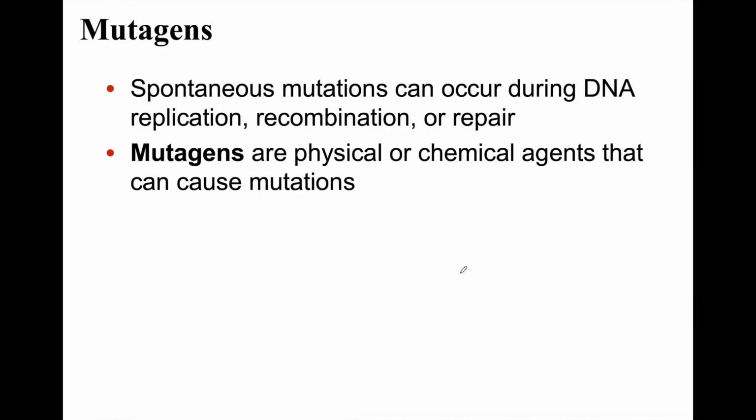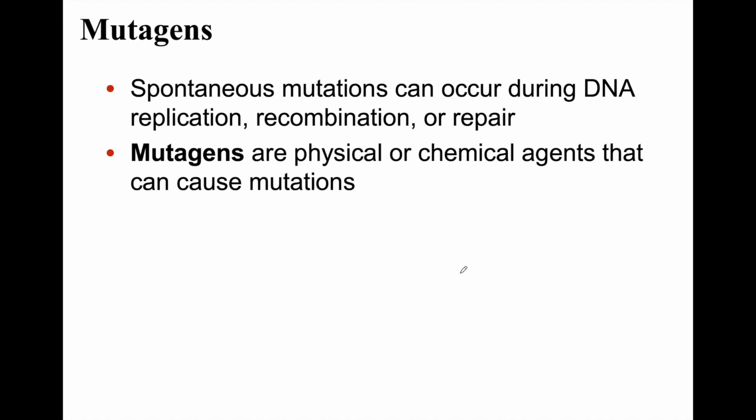So those are mutations. Well, how do we get mutations? Some mutations are spontaneous. They just happen all on their own. There's nothing you can do about it. For example, during DNA replication, what we learned about in the last chapter. DNA polymerase III does a very good job of copying your DNA, but it's not perfect. Once in a while, it makes a mistake.